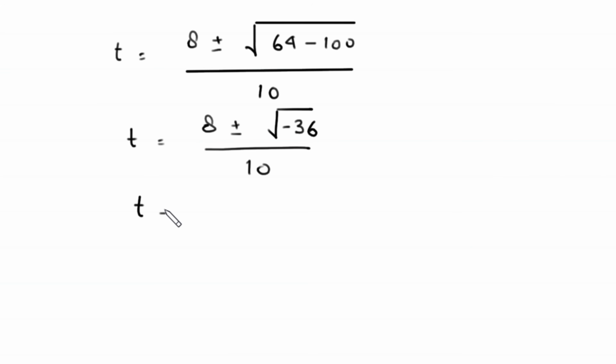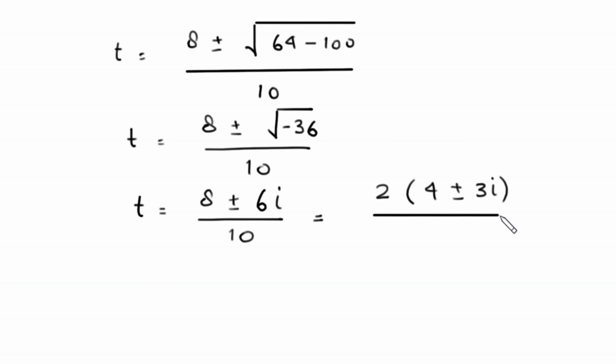Next, t is equal to 8 plus or minus, this root of negative 36 will become 6 times i, divided by 10, and this is equal to, from the numerator we can factor out 2, in bracket left 4 plus or minus 3 times i, divided by this 10, which can be written as 2 times 5, and this 2 will be cancelled out with this 2, and from here we get two values of t. t is equal to 4 plus or minus 3 times i divided by 5.